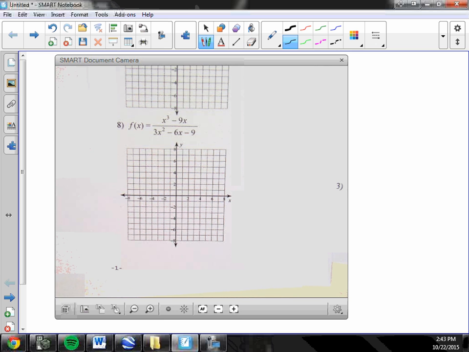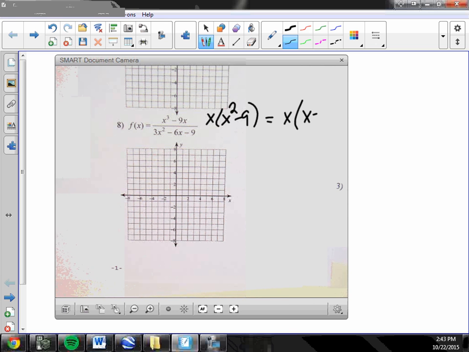Okay? Let's factor the top. x times x squared minus 9. Does that factor further? x times x minus 3 and x plus 3. Right?